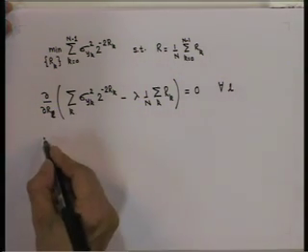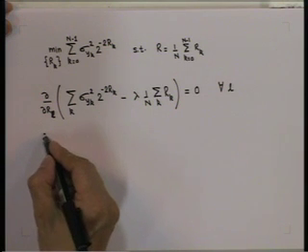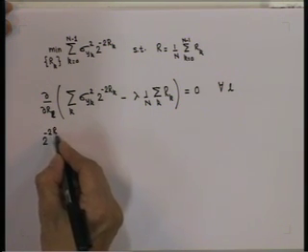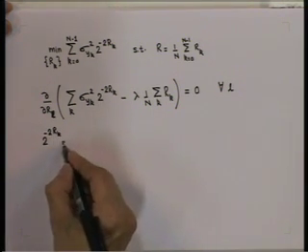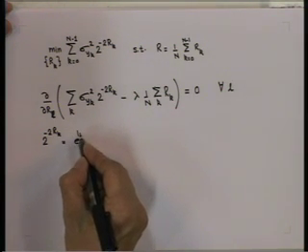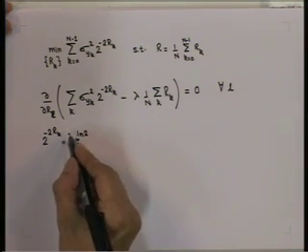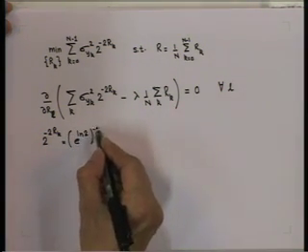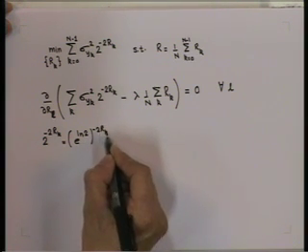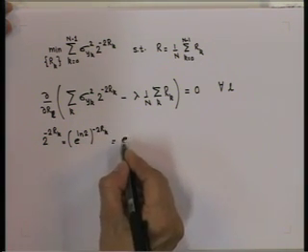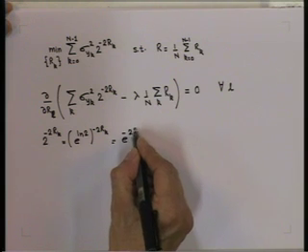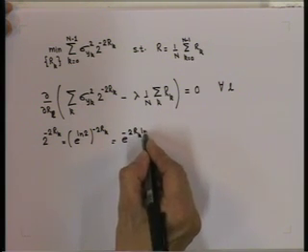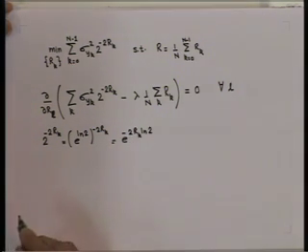Now, we can write 2 raised to minus 2 R k as e raised to log 2 times minus 2 R k, which equals e raised to minus 2 R k log 2.